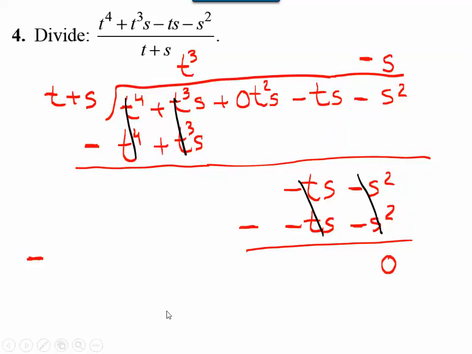So how about t to the third minus s? Alright, good there. Alright, that will be the end of 4.8.